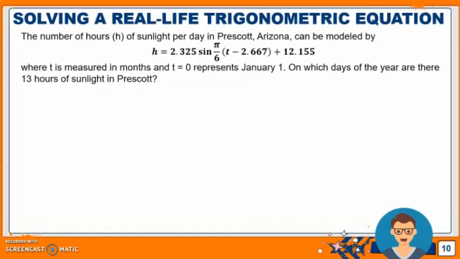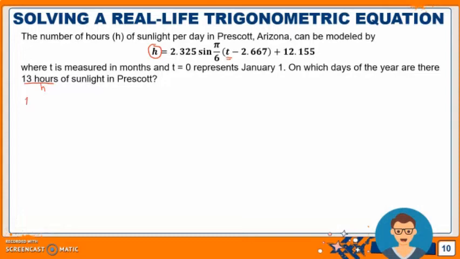So let's try to understand first the problem. Here there are two variables, where H is the given number of hours and t is the days or the months. First, the given is 13 hours. This is our H. Substitute 13 for H in the model and solve for t.